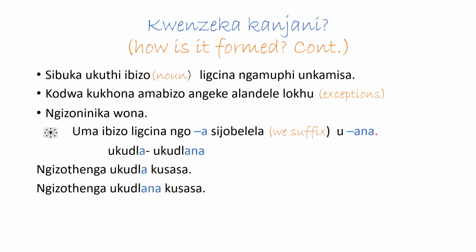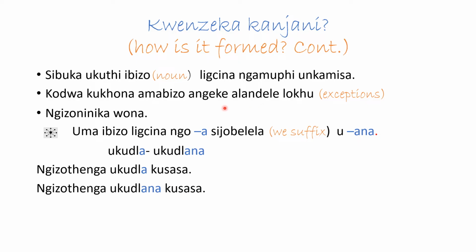Let's see how these diminutives are formed. Remember, when we do our diminutives, we're dealing with ibizo, the noun, and we look at the last vowel of the noun. If you remember that, then you will win. But you must remember that in every language we will have exceptions.